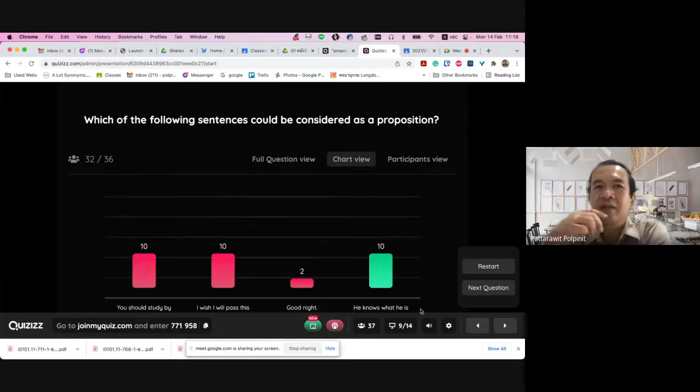So it can be true or false. If he actually knows what he is, that becomes true, but if he doesn't know what he is, it becomes false. So this one is the only one that has a truth value. The others are just sentences that don't have a truth value.